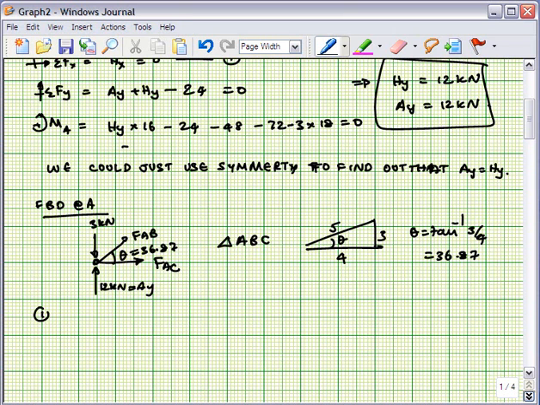Couple of things. One, forces always point away from the joint.